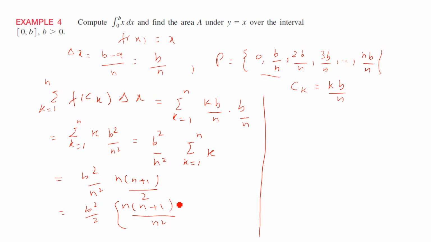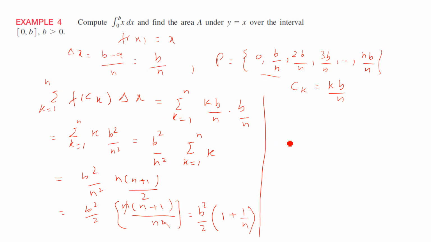Or this is equal to b square over 2 into n plus 1 divided by n, and n over n is 1, so plus 1 over n. So this is the final form of this right sum.